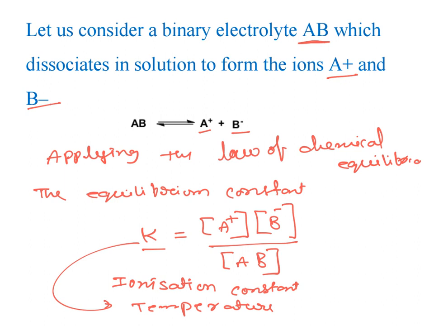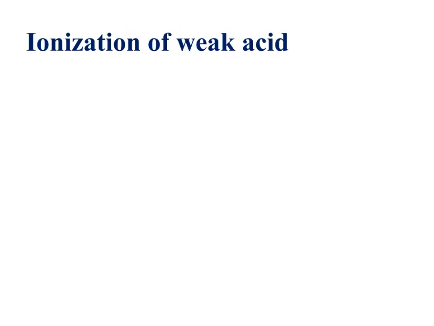Similarly, this concept we can apply to weak acids and weak bases. Let's take the first example, ionization of a weak acid. Let's consider the dissociation or ionization of a weak acid.